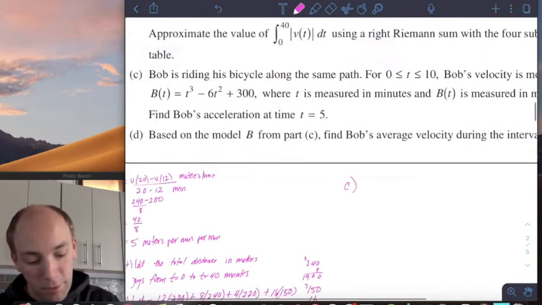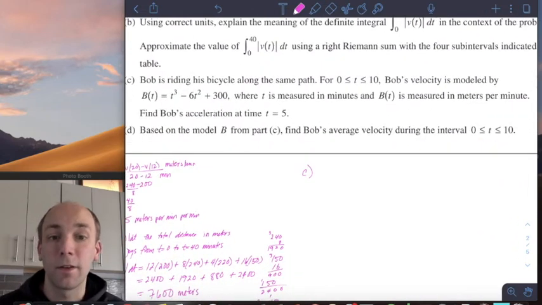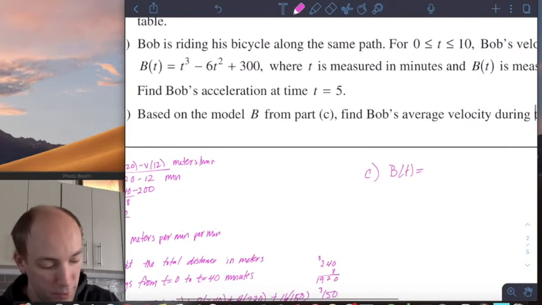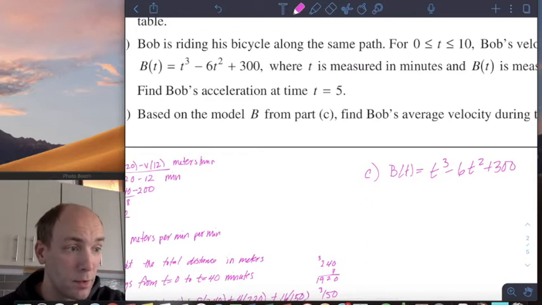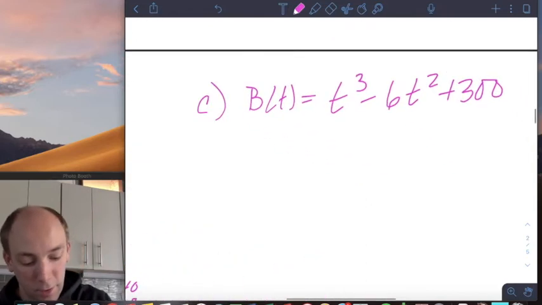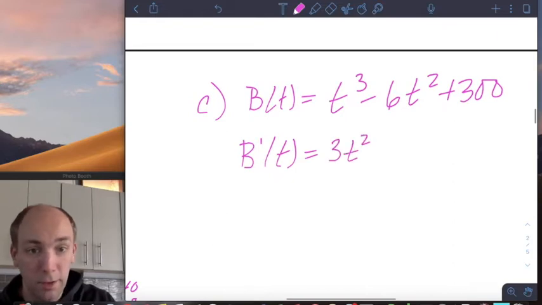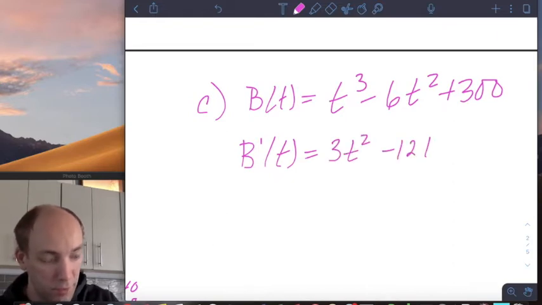So if I'm given velocity, how do you find acceleration? For this one, b of t is equal to t cubed minus 6t squared plus 300. If I'm finding acceleration, we just take the derivative of velocity, 3t squared minus 12t.